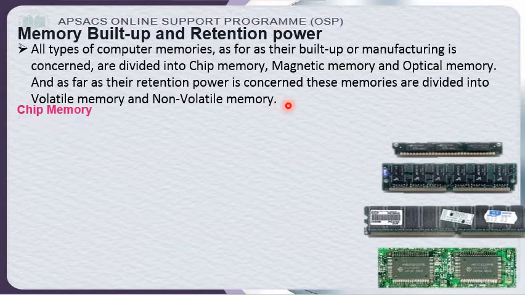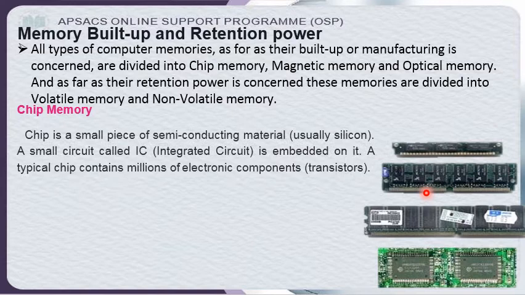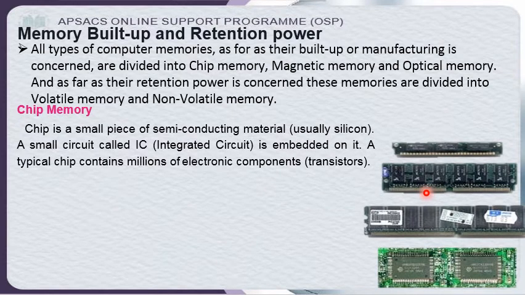Let's talk about chip memory. You can see in the picture all these are chip memories. So what is a chip? A chip is a small piece of semiconducting material, usually known as silicon, with an integrated circuit or IC embedded on it.